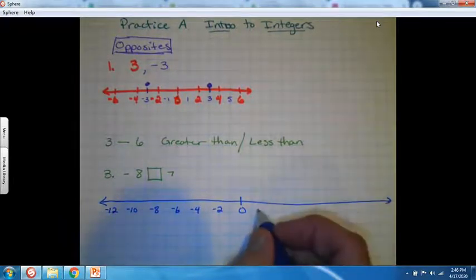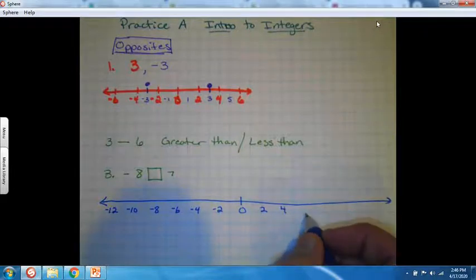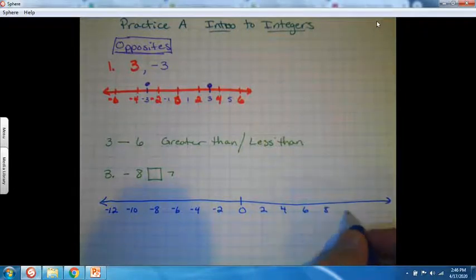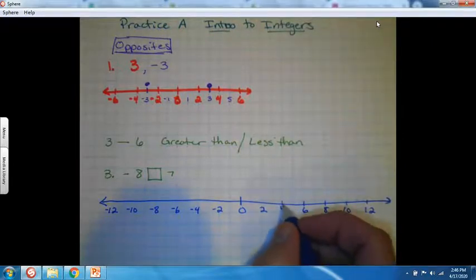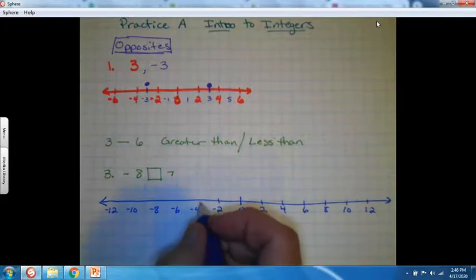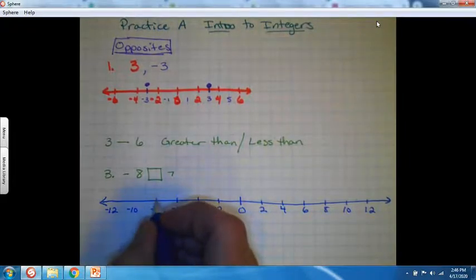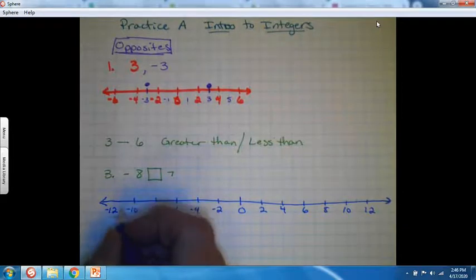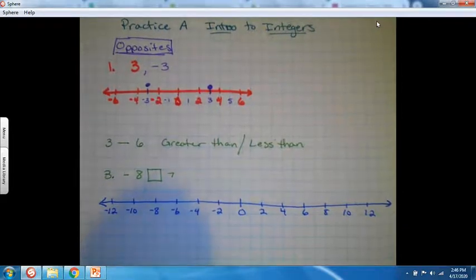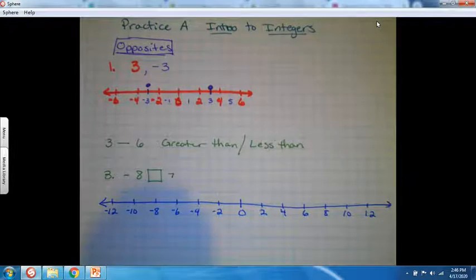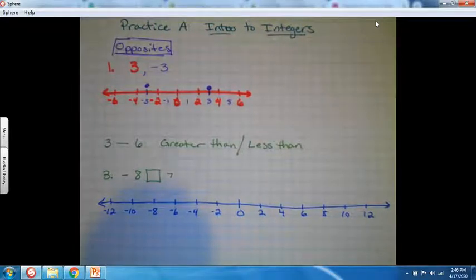And then this is 2, 4, 6, 8, 10, 12, and so on. Let's see what we need to do for this. One thing that you need to know, this is really important.